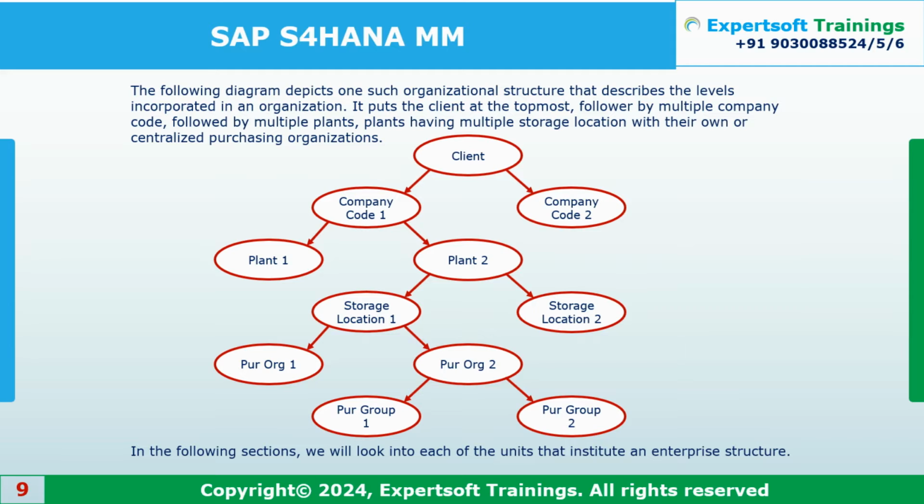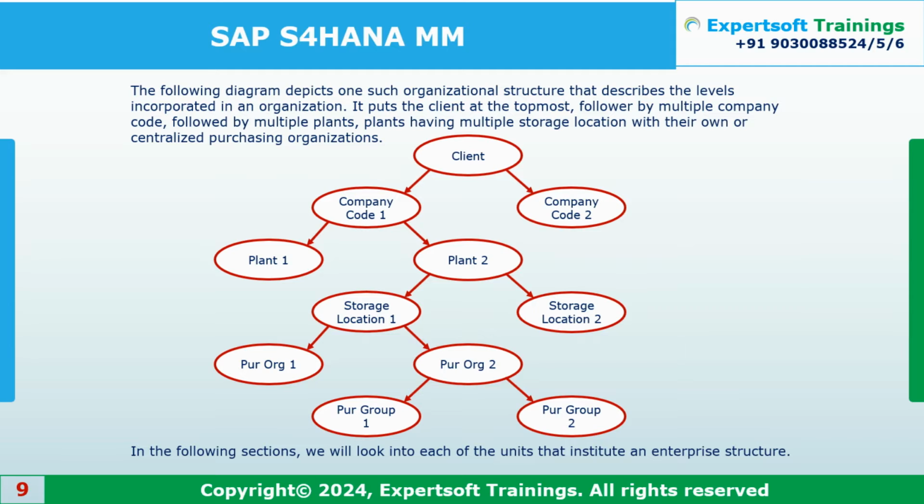And under this plant, we also have two purchasing organizations. These purchasing organizations are the departments responsible for all the purchasing activities for this particular plant. If you can see clearly, these two purchasing organizations 1 and 2 are linked with this plant.